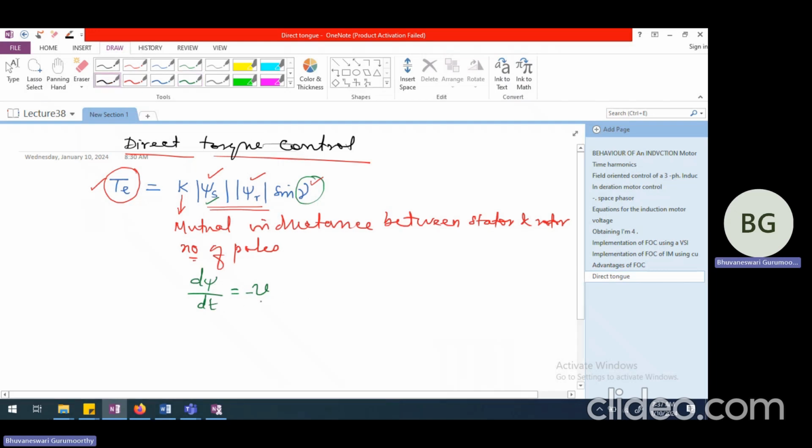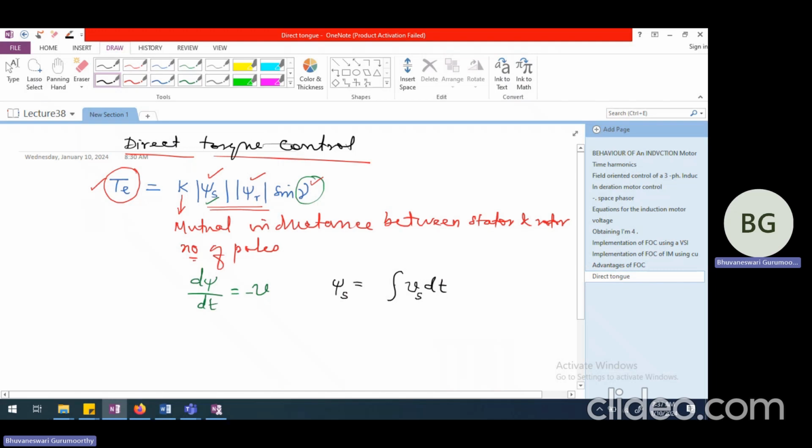So if we say d psi by dt is V, we should be able to say psi is equal to the integral of V dt. So this is going to tell you basically that if I want to modify the stator flux linkage, I should be appropriately adjusting the voltage that is applied to the stator side.